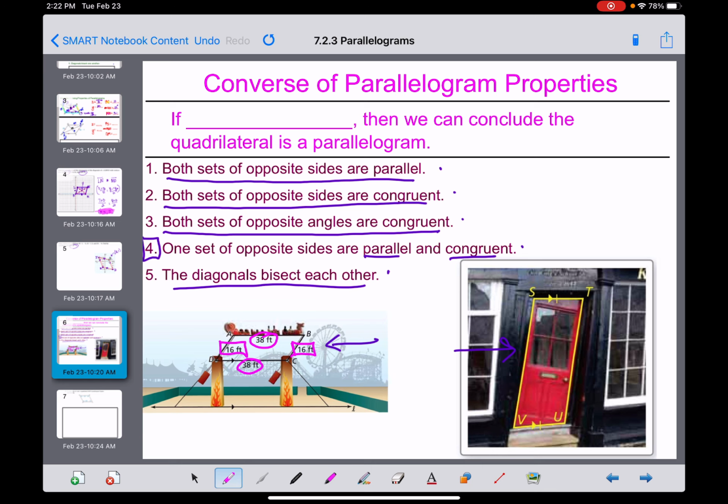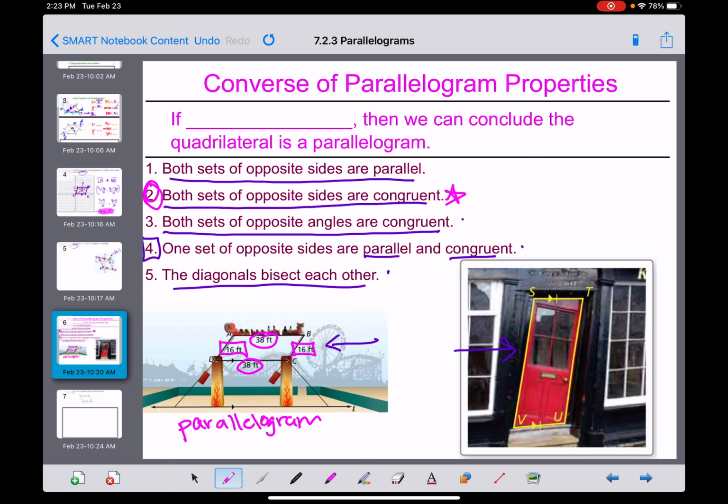So that meets our first requirement. So yes, this is a parallelogram. My reasoning is that both sets of opposite sides are, not parallel, they are congruent. So it's the second reasoning.